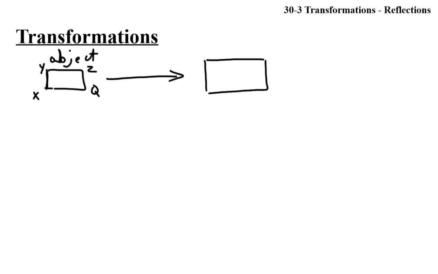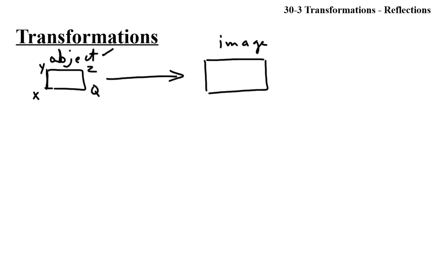What we know is we are taking some object in a transformation, and we can call that triangle or rectangle x, y, z, q. And what happens is we transform it somehow into an image. And how do we know what we started with and what we finished with?